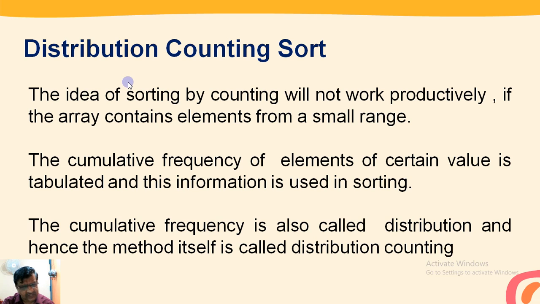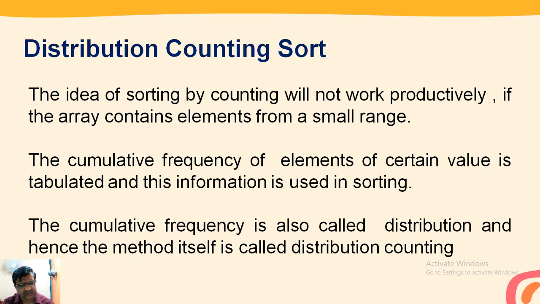The specialized case being an array consisting of elements drawn from a very low range. So in a big array, if the elements are drawn from a lower range, then naturally there will be repetition of elements.